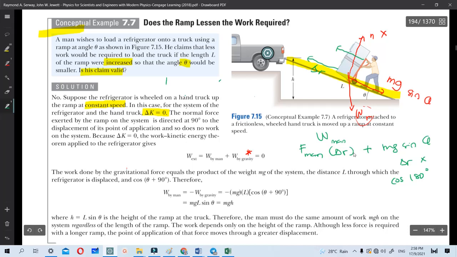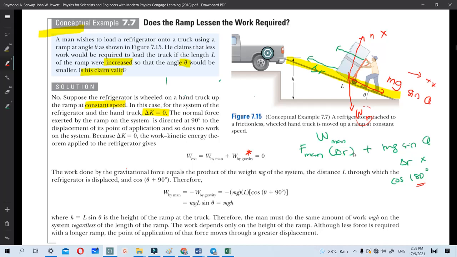You might be tempted to ask why all of a sudden it's 180 here. Remember that the force of weight is directed to the right, the positive direction, while the displacement is on the opposite side. So that makes them opposite in direction, so 180 degrees between them.